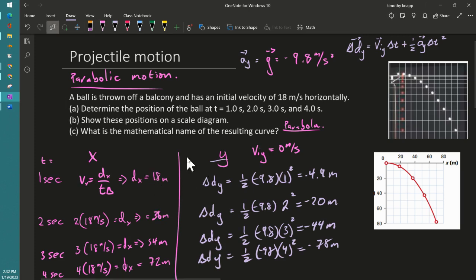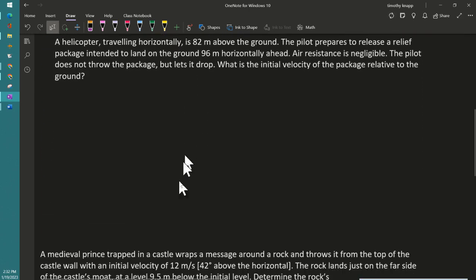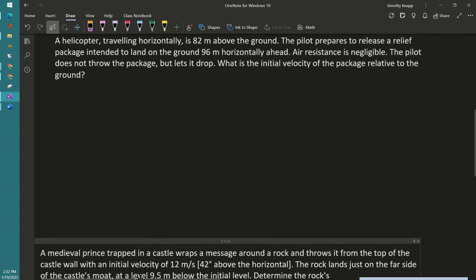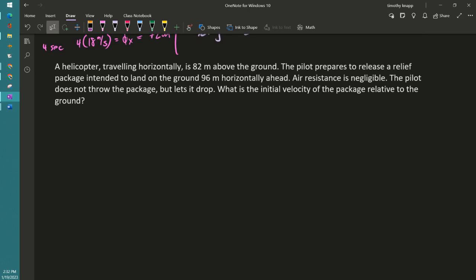Okay, let's start taking a look at some more complicated examples. Here we've got a helicopter traveling horizontally at 82 meters.